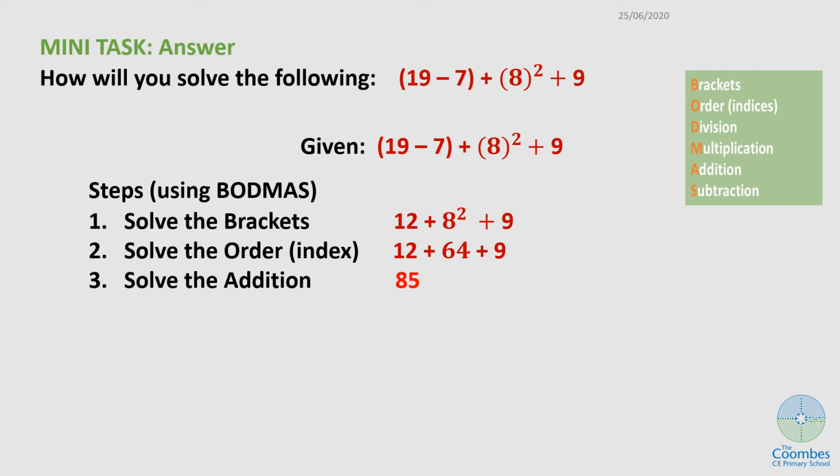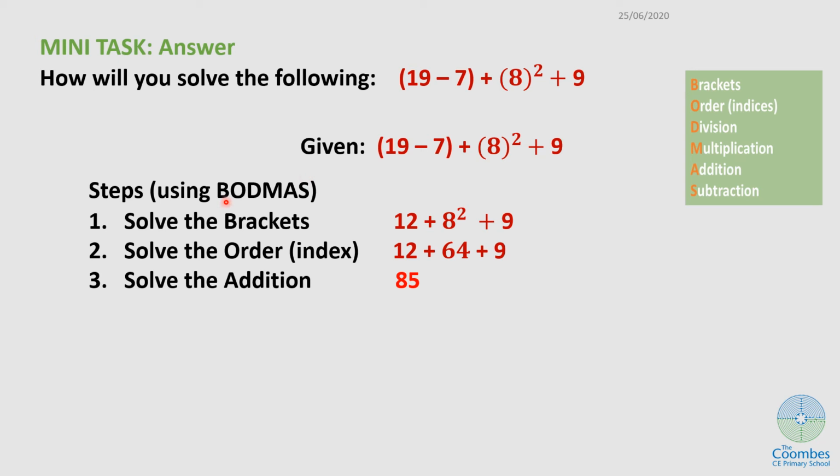How did you do? Now the equation that was given to us was in brackets 19 minus 7 plus in brackets 8 squared plus 9. So let me just rewrite it closer here so that I can follow my steps.